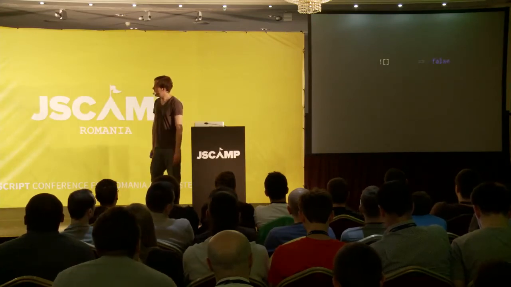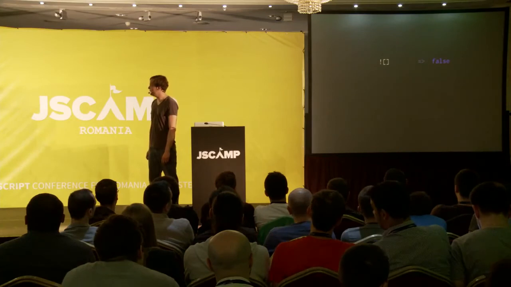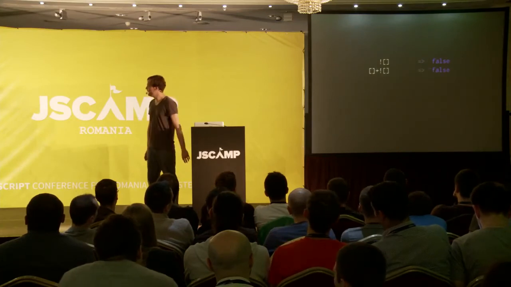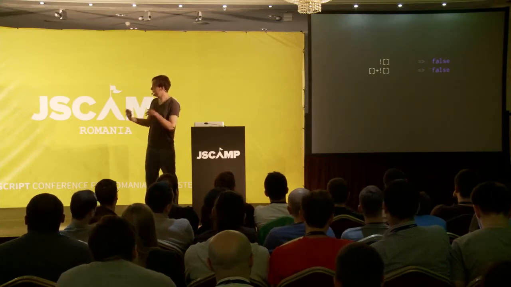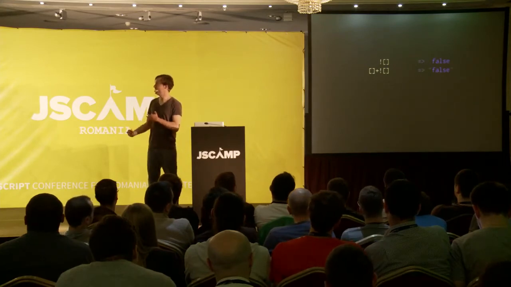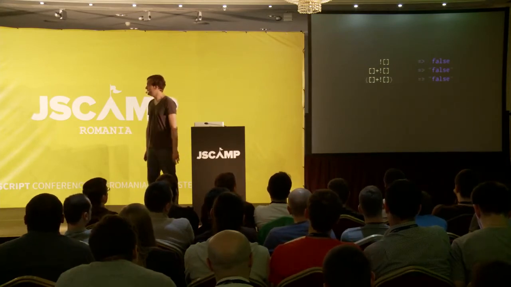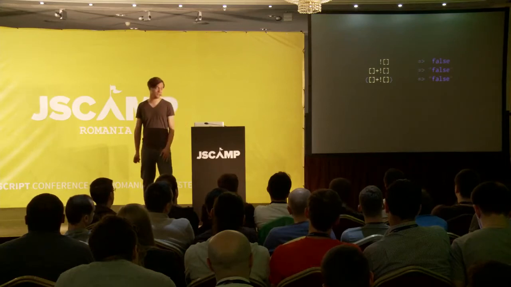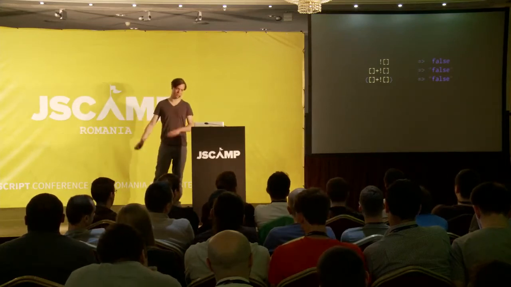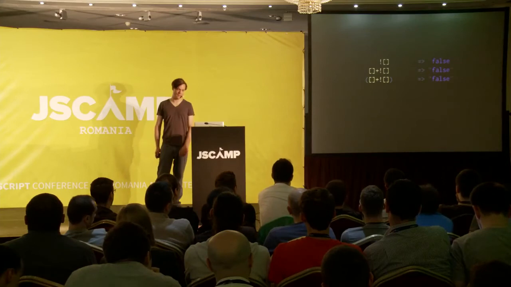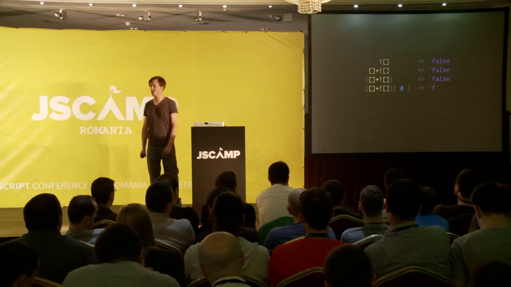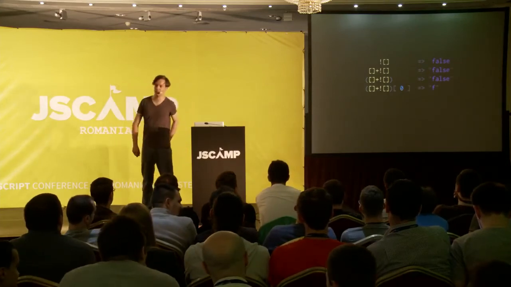Okay, and if you combine this, it's getting more interesting. We had this before: we can convert anything into a string by adding an empty array, and we can put this in parentheses now. It still outputs a string, and we can access the first character here, so the F, for example.